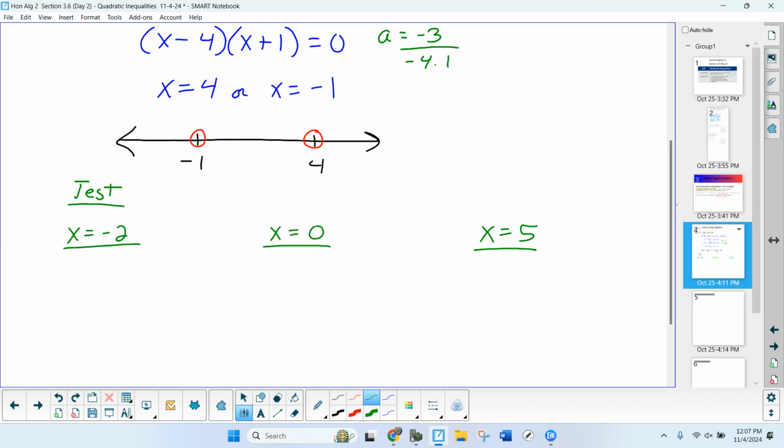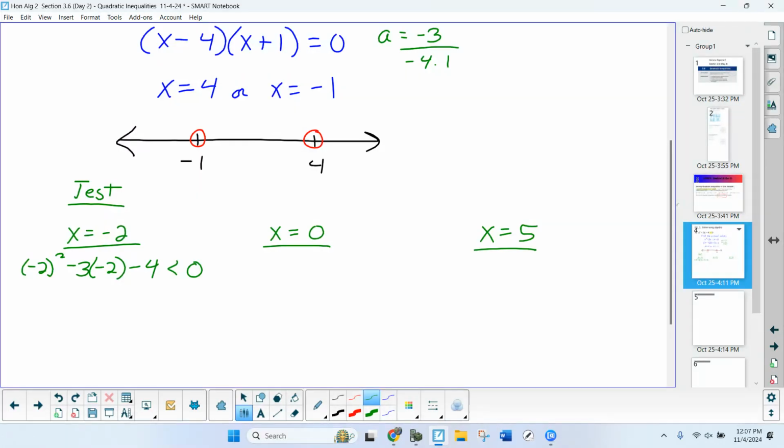Okay. I'm going to test each of those numbers. Now, when I test them back in the original inequality, which was x squared minus 3x minus 4 is less than 0, I'm going to plug in x squared minus 3 times x minus 4. I'm going to ask myself, is that less than 0?